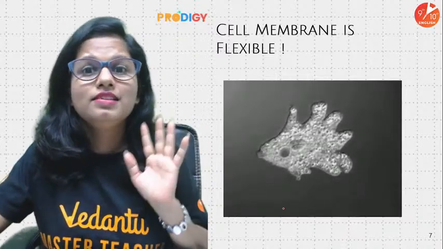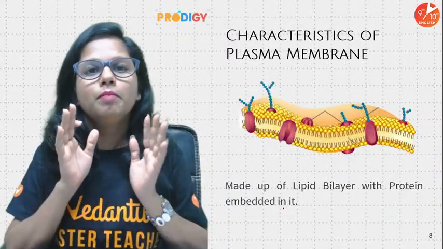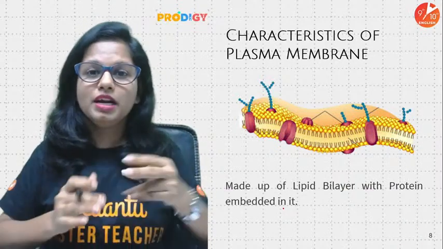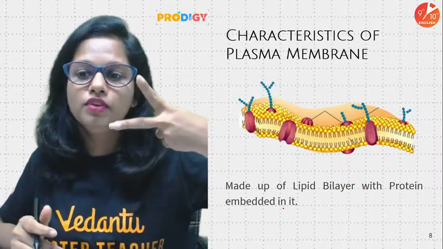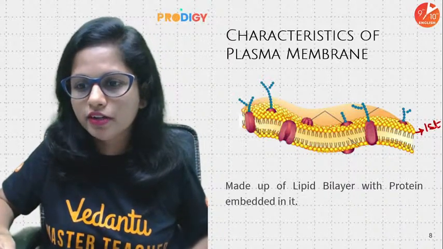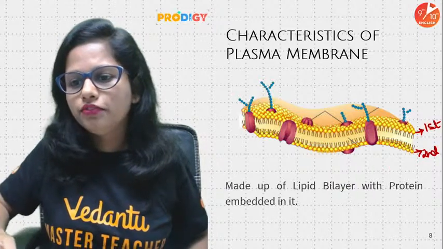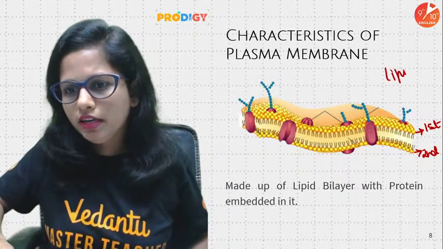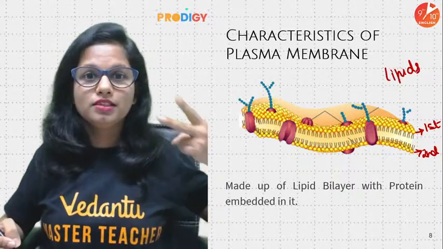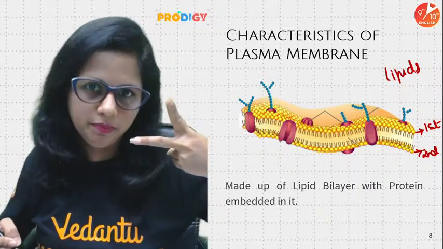Now, if it is elastic, what is it made up of? So people, the plasma membrane is made up of two layers of lipids. If you see here, this is the first layer of lipid. This is the second layer of lipid. How many layers? Two layers of lipids.